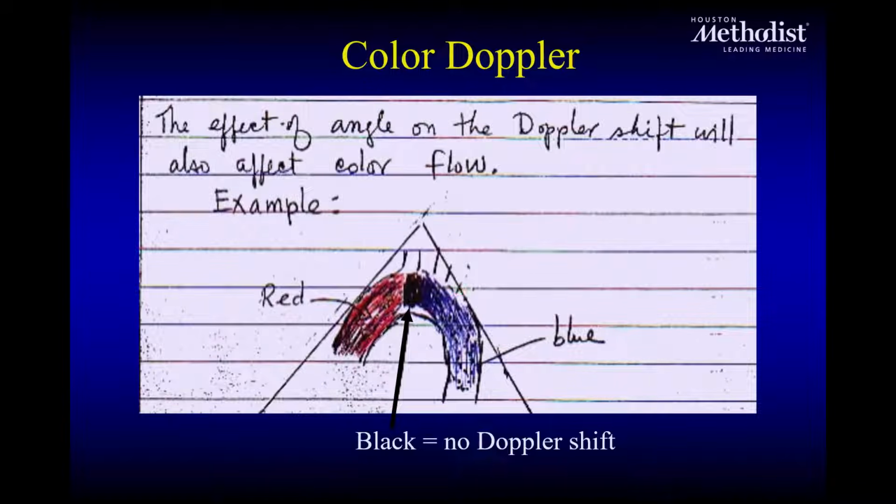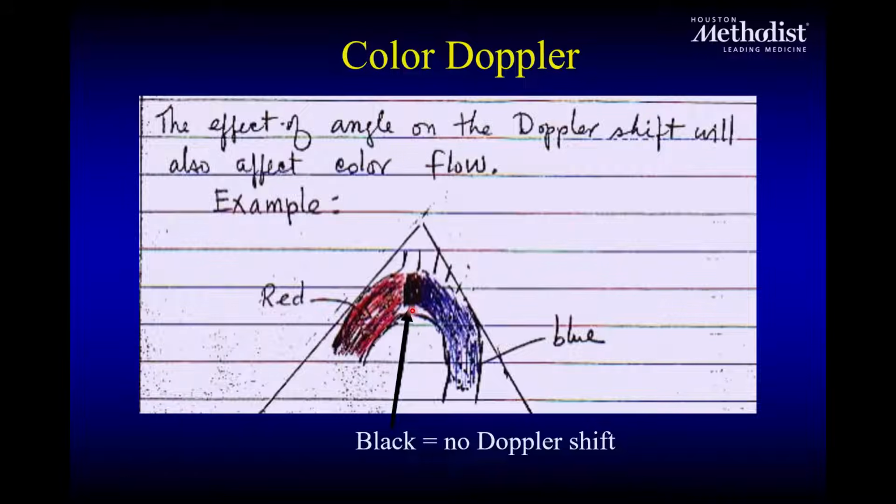One thing that is also important is differentiating aliasing from actually just a direction change. If you have a direction change of flow, let's say with color Doppler, this coming towards you is going to be in the red zone, red-yellow zone. Here at the arch, you're perpendicular to flow.